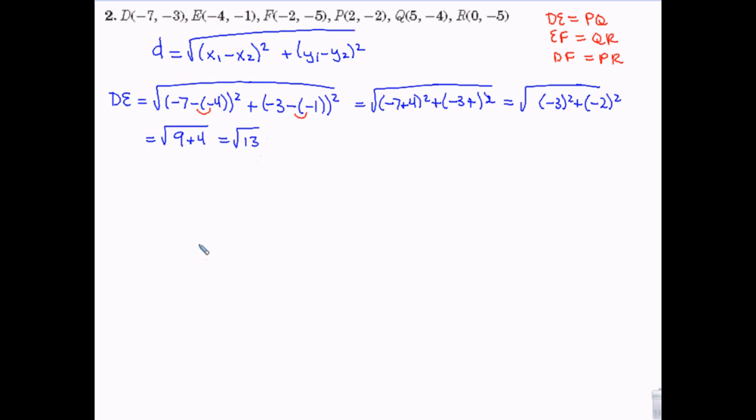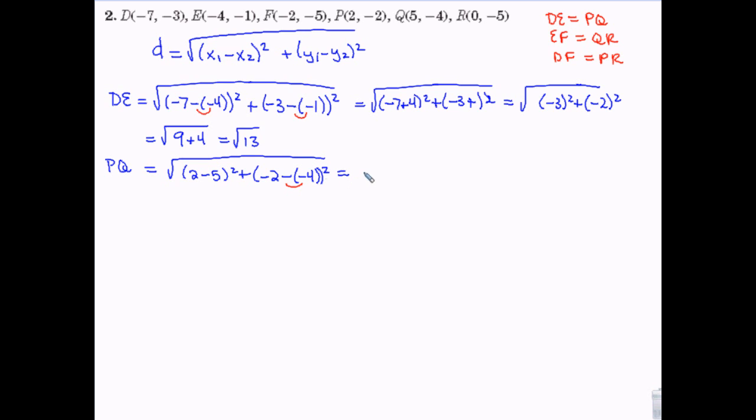Now you don't need to figure out a decimal answer. The square root of 13 is fine, and then I can just find out if the other length is also the square root of 13. So now I'll do PQ. And that's 2 minus 5. And -2 minus -4. And that's happy.